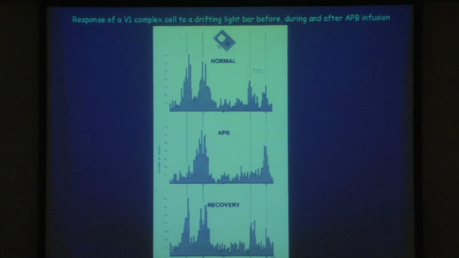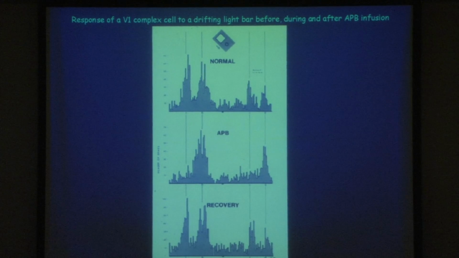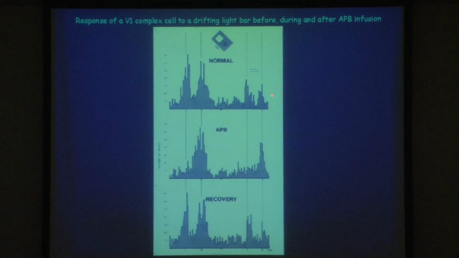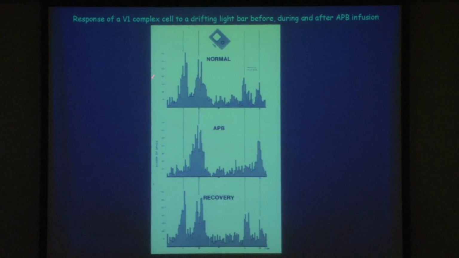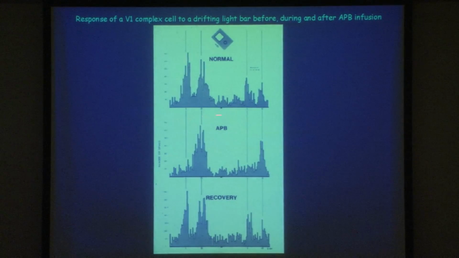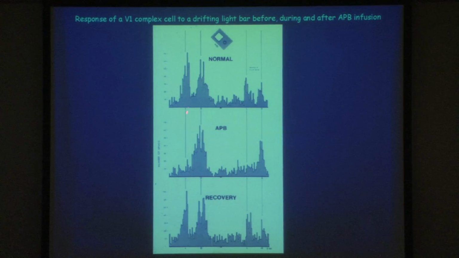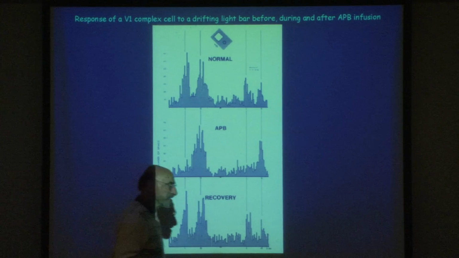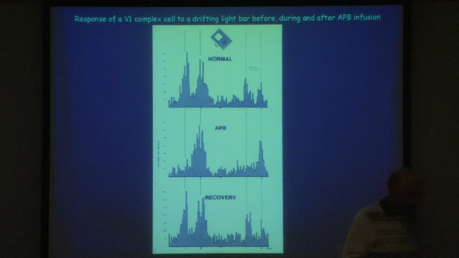It's not 100% direction selective. I showed you some of those the last time. This one has a bias, about a 4-to-1 bias, much more response to the downward movement than the upward movement. But the cell responds both to the light and the dark edge in both directions, and it lines up with the temporal arrangement here, proving indeed that this is a complex cell.